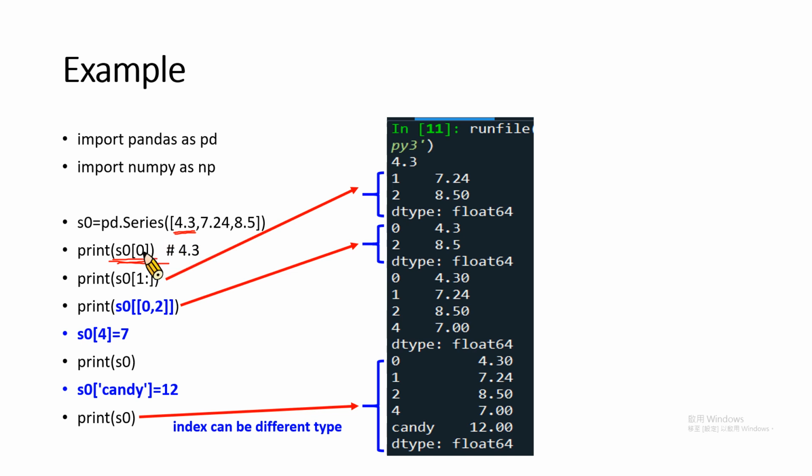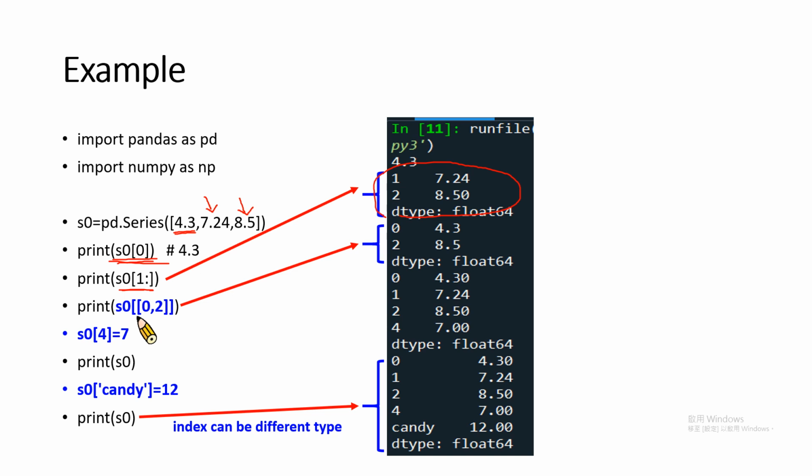Because the index is 0, we get the first element of S0, which is 4.3. And this gets the elements whose index starts from 1 to the last element. So this is the index 1 element, and we get the 2 elements here.